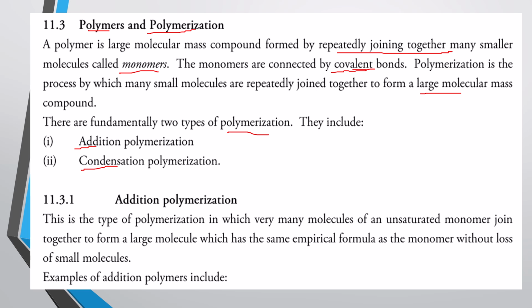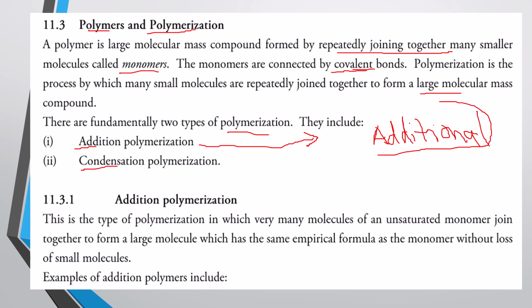But in this case, many of you mess the first option up and then you go into losing marks. There's a difference between additional and addition polymerization. Majority of the students in exams present the wrong one, and you do not qualify for any mark.